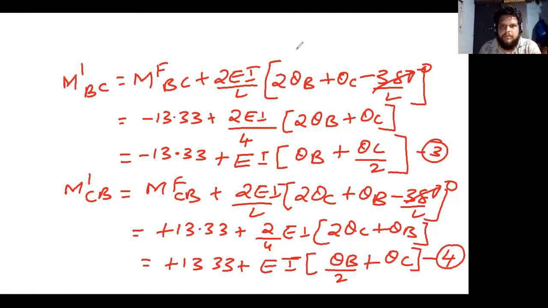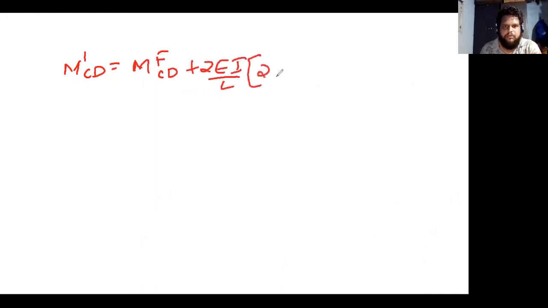Okay, so in the third span I'm going to clear all my drawings over here. Please pause it and write it. Next in the third span, MCD equal to M dash CD equal to MFCD plus 2 EI by L into 2 theta C plus theta D minus 3 delta by L. Okay, so this 3 delta by L is also gone now.